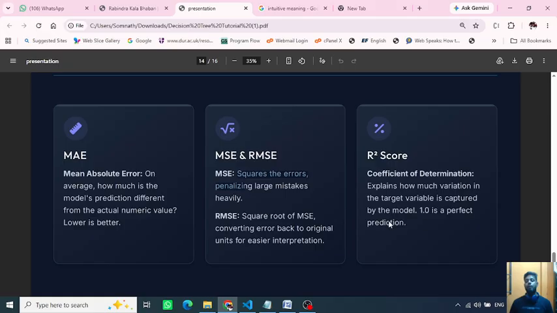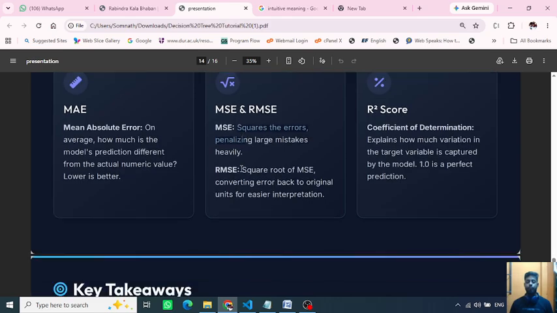And it's the R2 score, the coefficient of determination. It tells how much variation in the target variable is captured by the model.